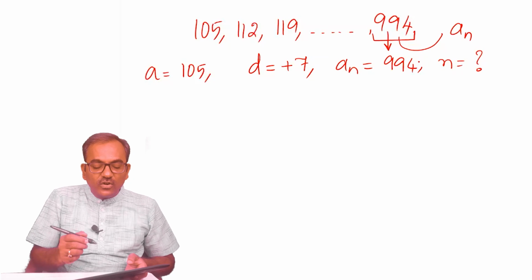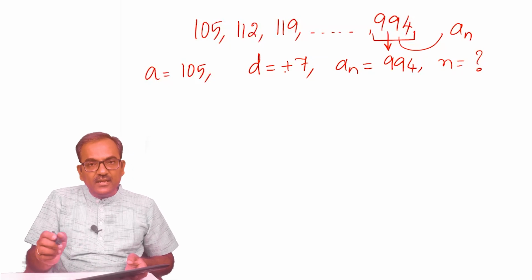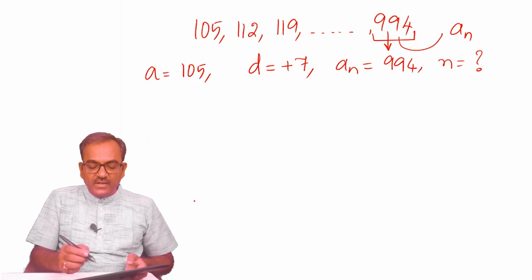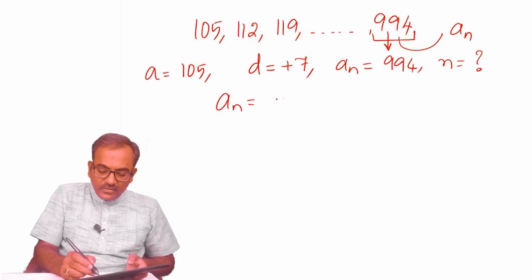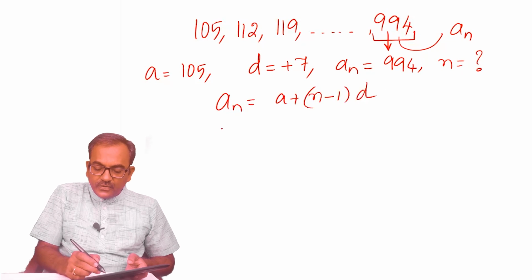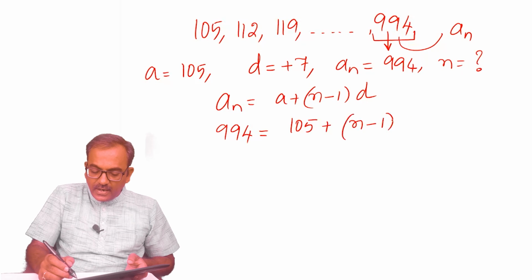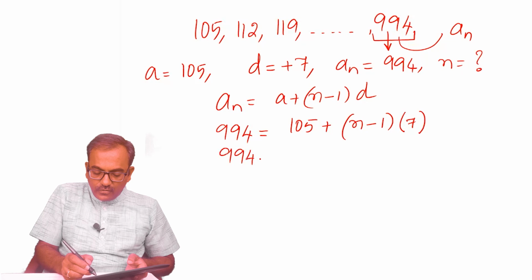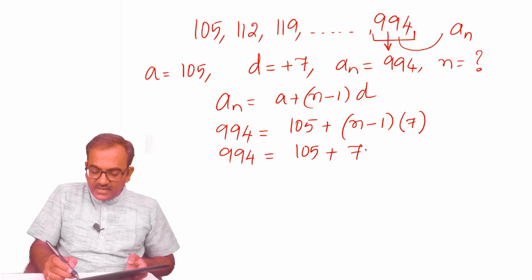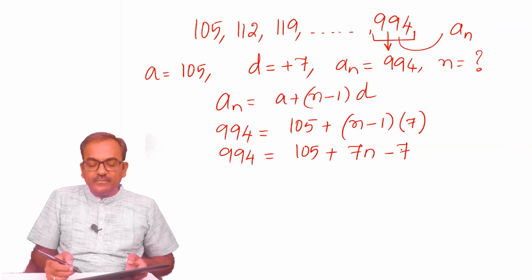So what connects all the three? A, An, d, n. Of course, it is the formula An is equal to a plus n minus 1 times d. So 994 is equal to a, 105, plus n minus 1, where n is to be determined, times 7. 994 is equal to 105 plus 7 times n is 7n minus 7.